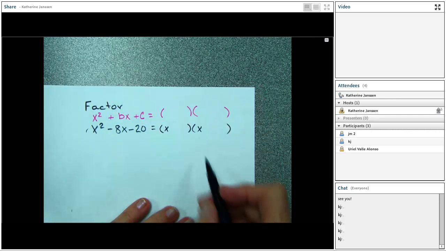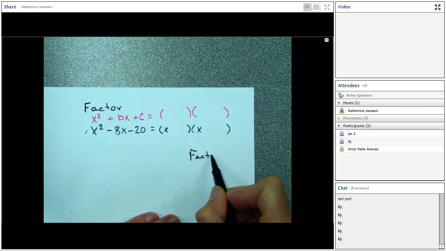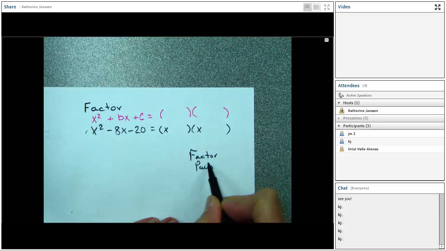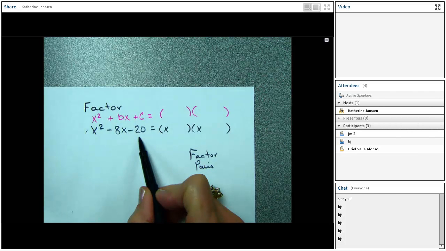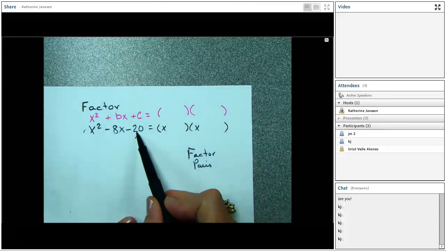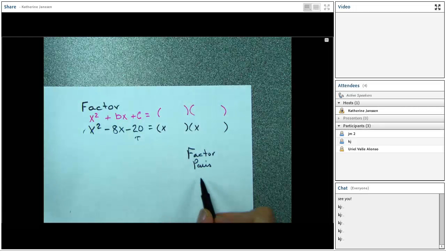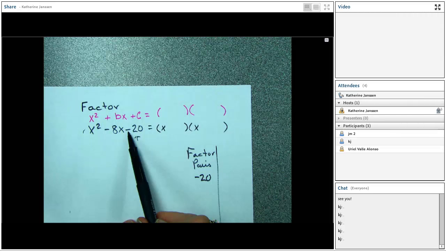Okay, let's build our factor table. We're looking for factor pairs of the constant. By now, we should be able to recognize that this is negative 20. Change subtraction to addition and add the opposite. If you're not comfortable with that, be sure to physically change subtraction to addition and add the opposite.